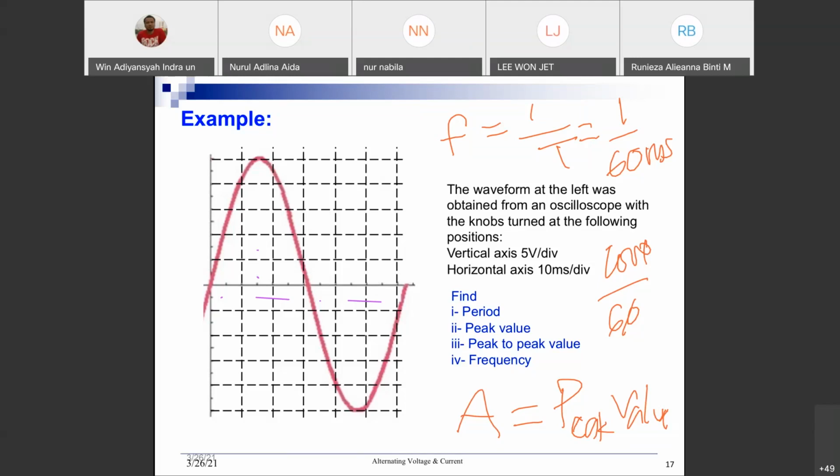Yeah, 16.67. Correct. So 16.67 hertz. Okay.